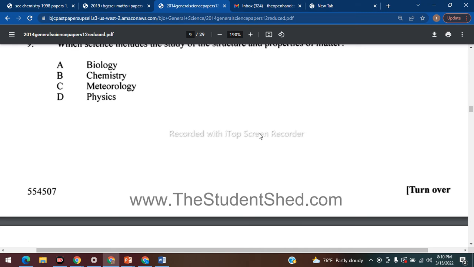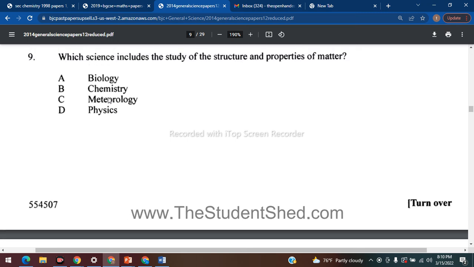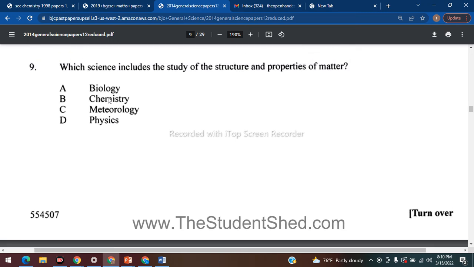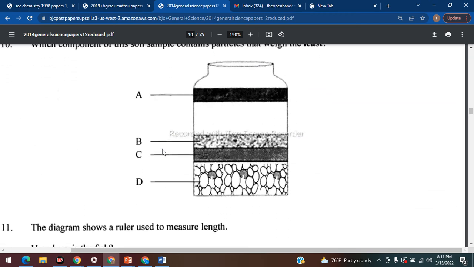No. Physics deals with forces and motion, pushes and pulls. Molecules is more like chemistry. But physics is forces, work done, power, electricity, magnetism, all of that stuff.